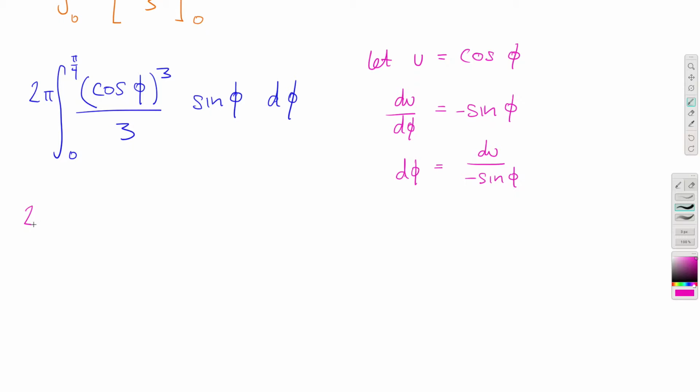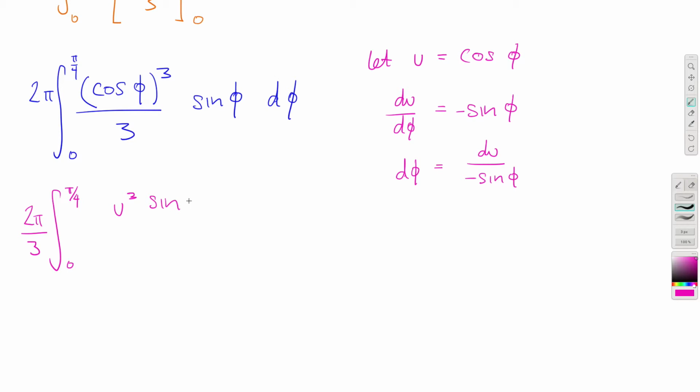Therefore, you go 2 pi, 0 to pi on 4, u cubed on 3, let's take this 3 to the front, that's nicer.